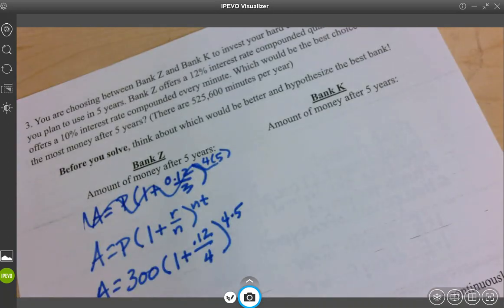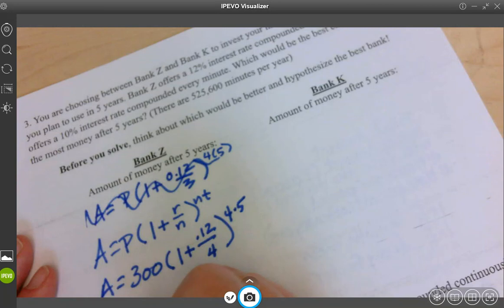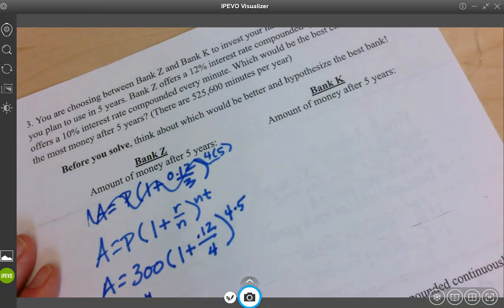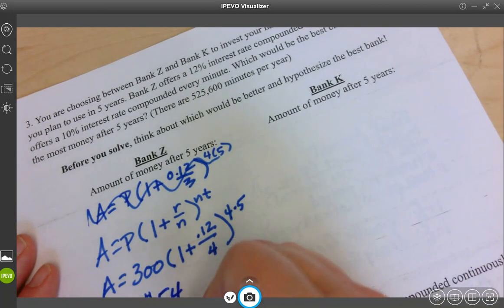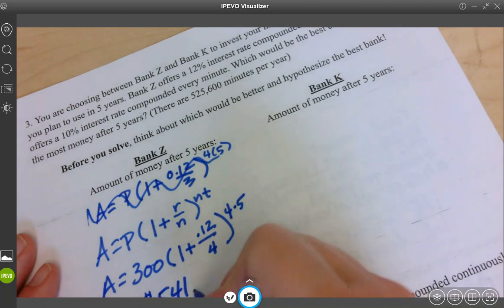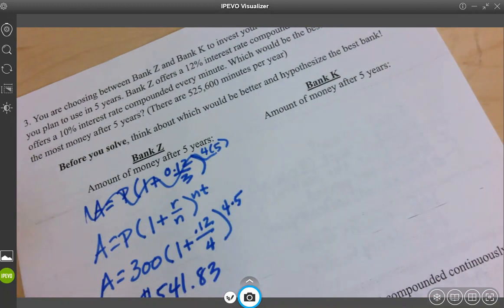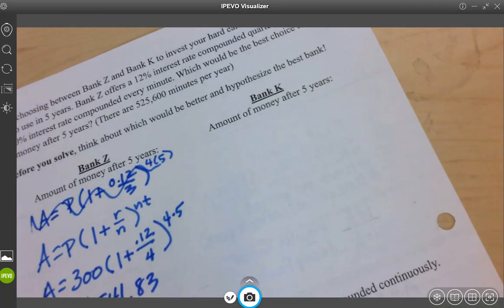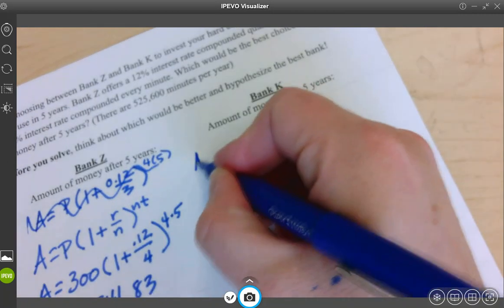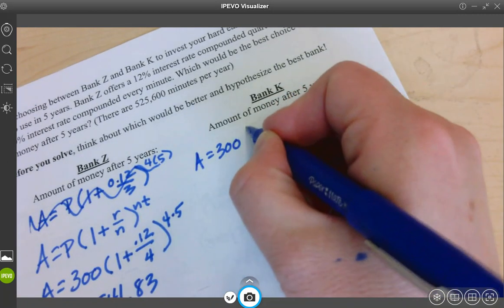Which bank was better, guys? Bank Z. So what's more important, a higher interest rate or the number of times it's compounded? The higher interest rate is more important. Yeah. So $541.83 here. And then for this one, 300.